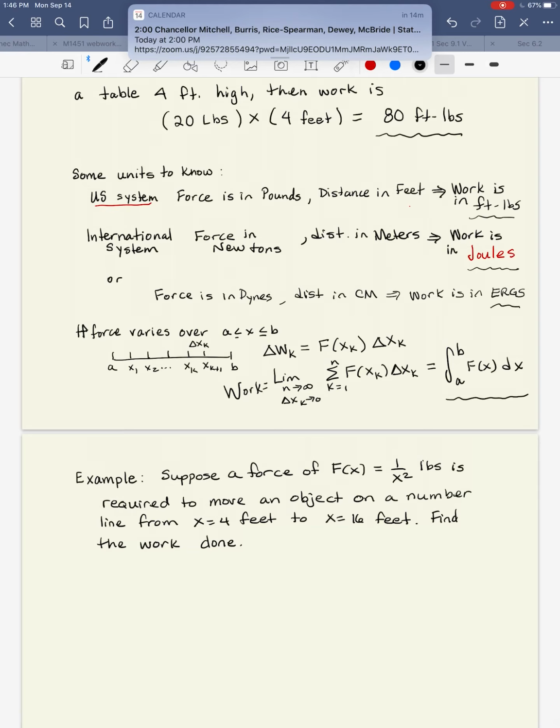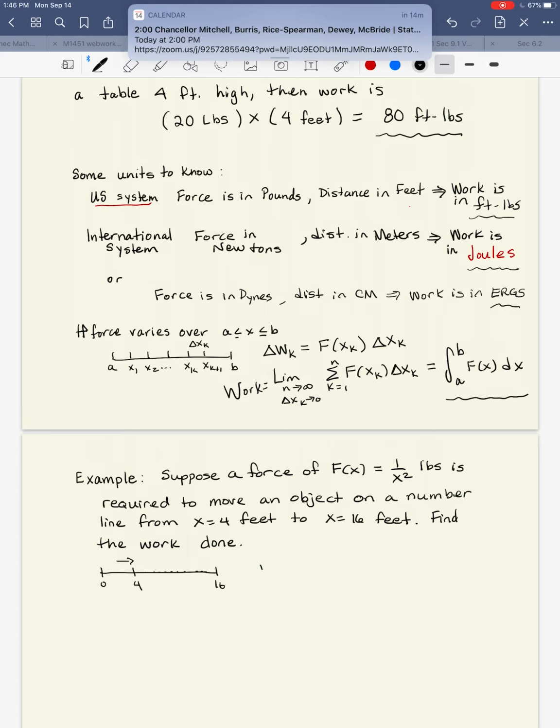That many pounds is required to move the object on this number line, and we want to compute the total amount of work done in moving the object from its location 4 feet from the origin, to 16 feet from the origin. So here's our number line, there's the origin. We're going from 4 to 16 by applying this force, which varies according to where we are on this x-axis.